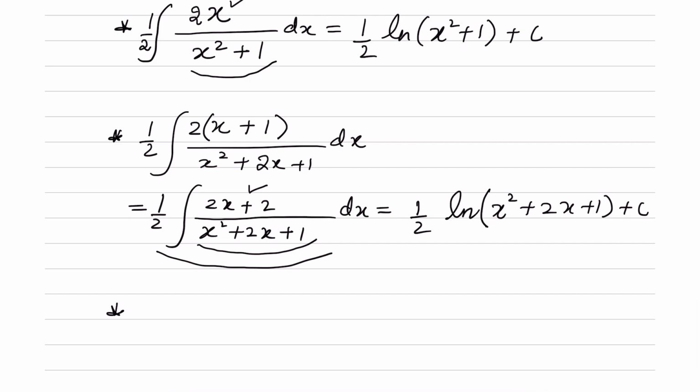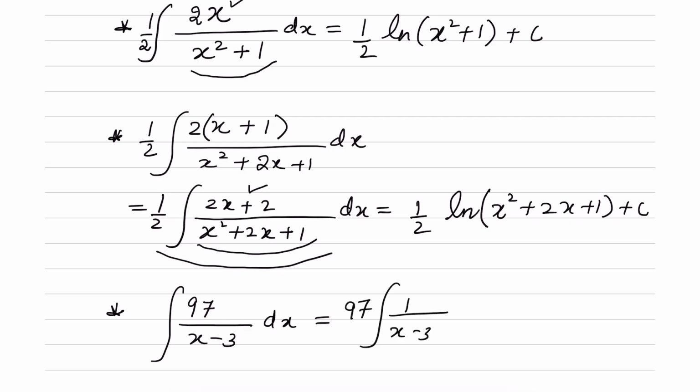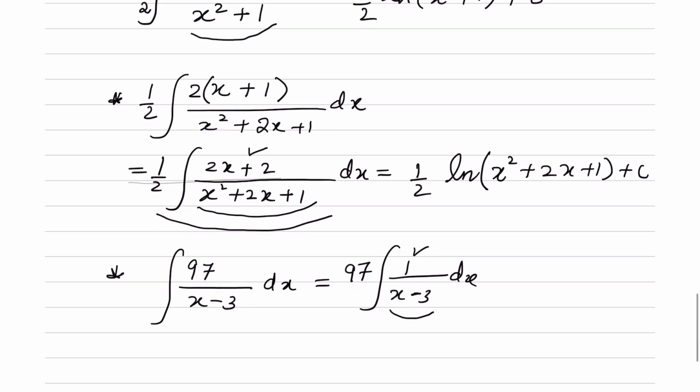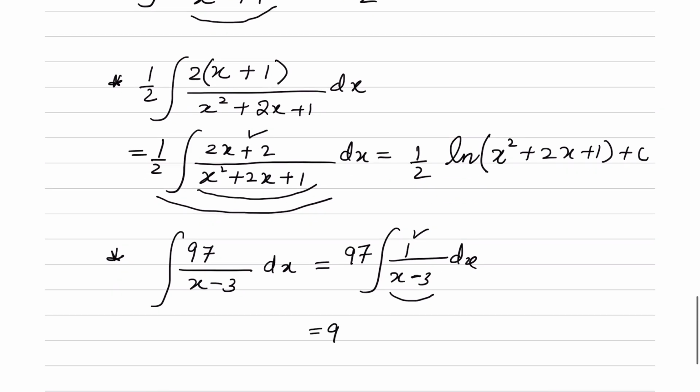Another simple example, if you have to find the integral of 97 over x minus 3 dx, then again take this constant out, 1 over x minus 3. The derivative of x minus 3 is 1, which is written in the numerator. So we can put this in the form of ln, that is 97 into ln of x minus 3, which is the solution of this integral.